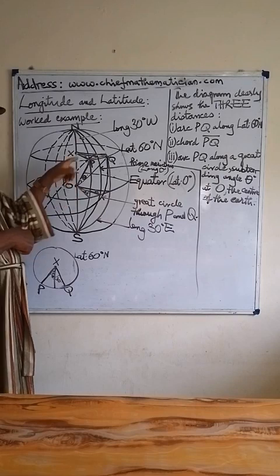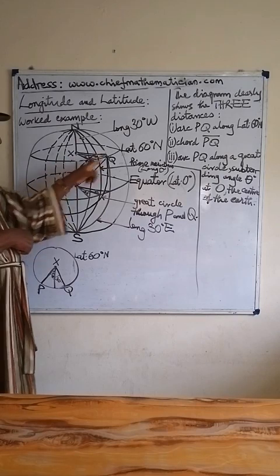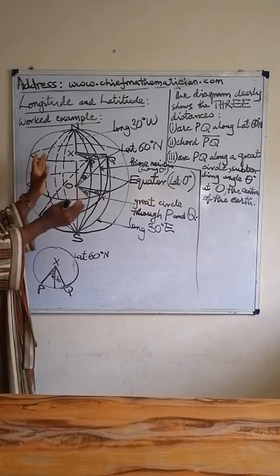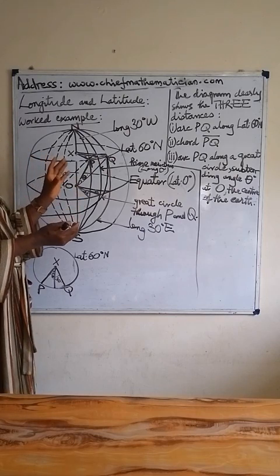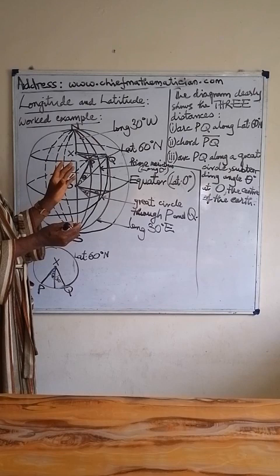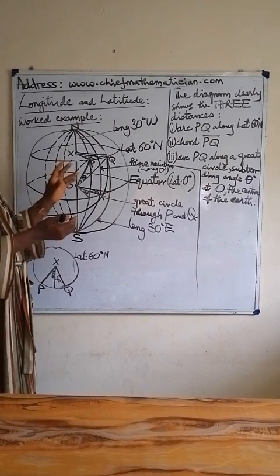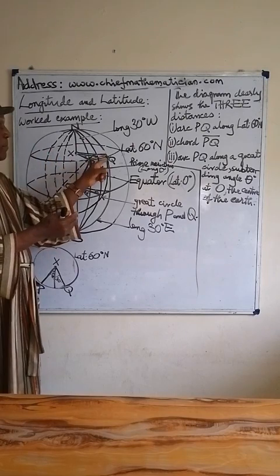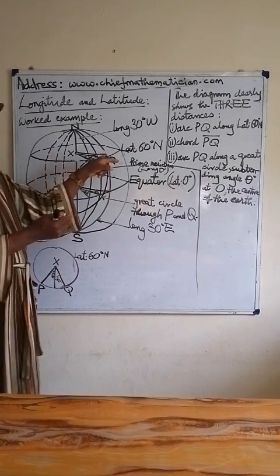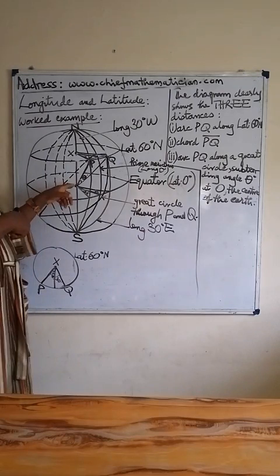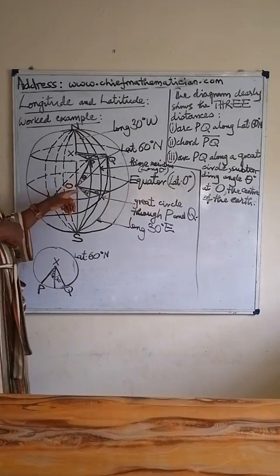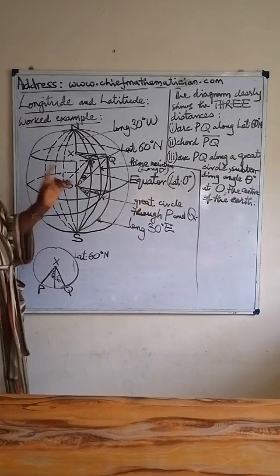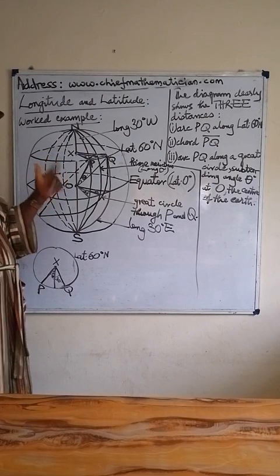That is, by the time you join P to O, Q to O, you have angle POQ. We call it theta degrees. Angle POQ, which is theta degrees, is the angle which this arc PQ or chord PQ subtends at O, the center of the earth. It's very important to get that picture very clear in your mind.